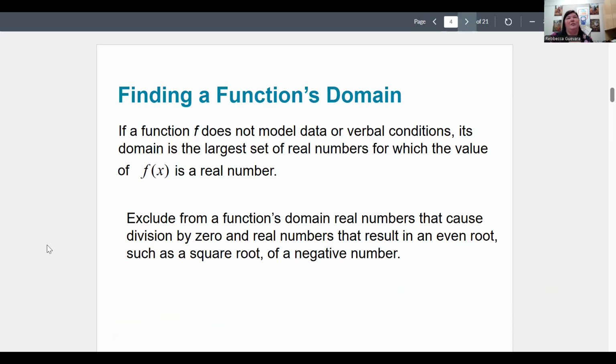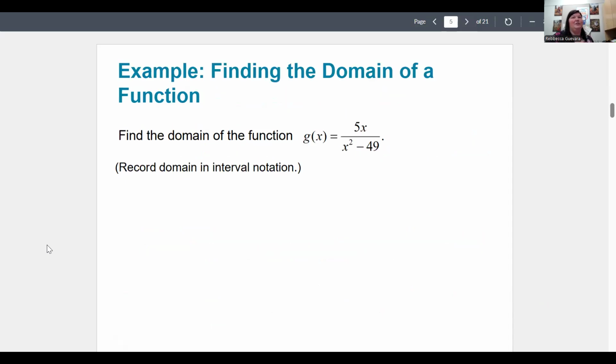So usually the easiest way to do this is to look for what's not in my domain. So we want to find the domain of this function. We've already been doing this a little bit because we were doing this with rational functions. So if I have g of x equals 5x divided by x squared minus 49, then if this denominator is 0, then g of x is undefined.